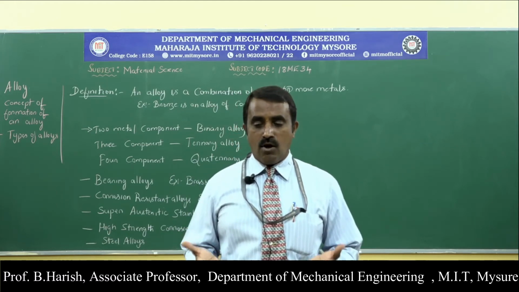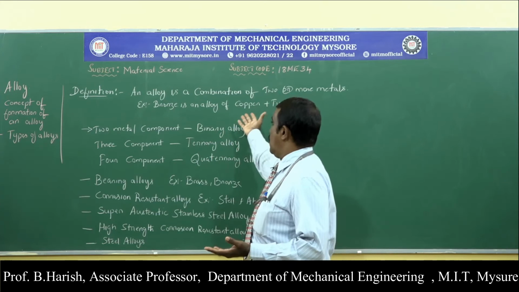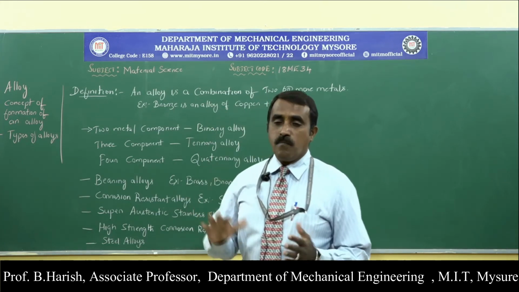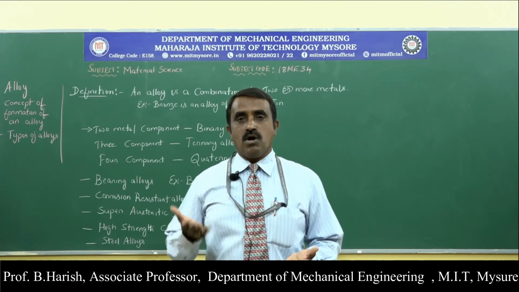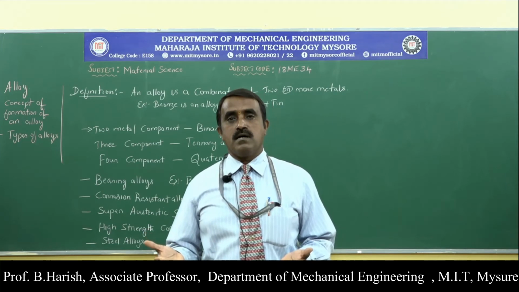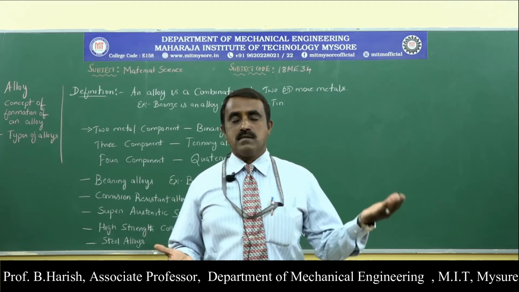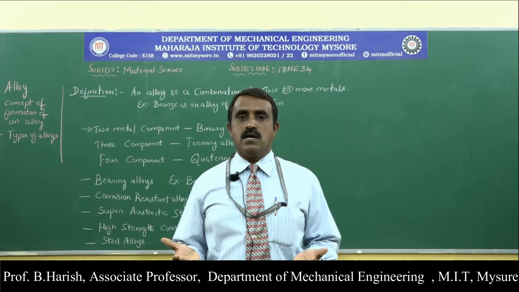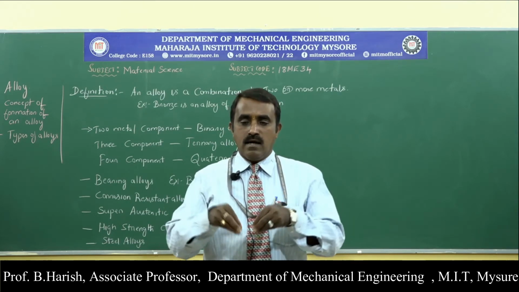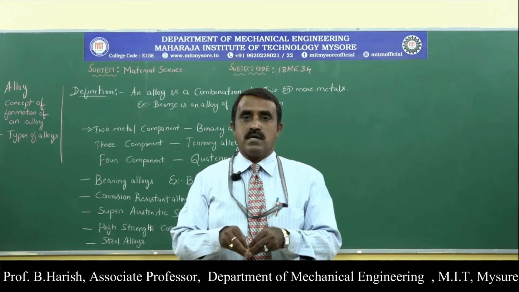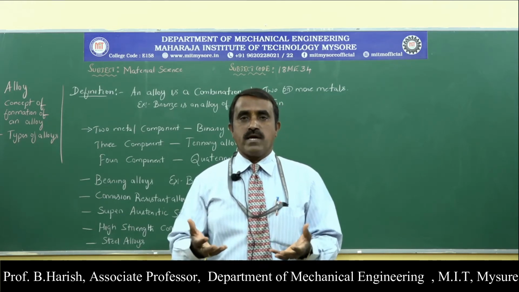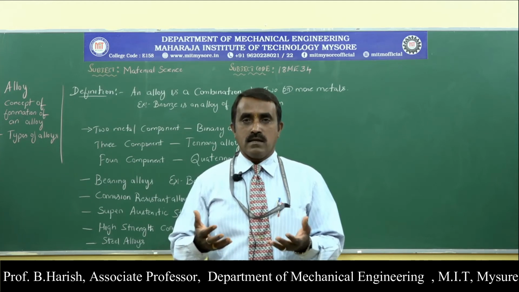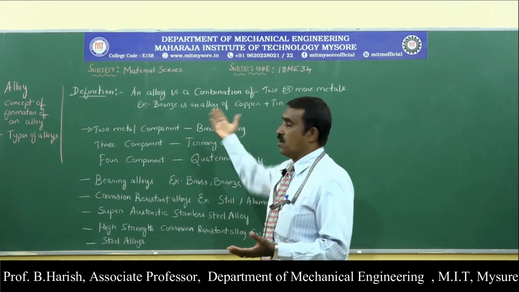Now if you take an example of an alloy, the same bronze, copper and tin. Both copper and tin are heated. Copper has a different melting temperature, whereas tin has a different melting temperature. When both are heated and mixed together in molten state, after solidification we get the new metal, that is bronze.